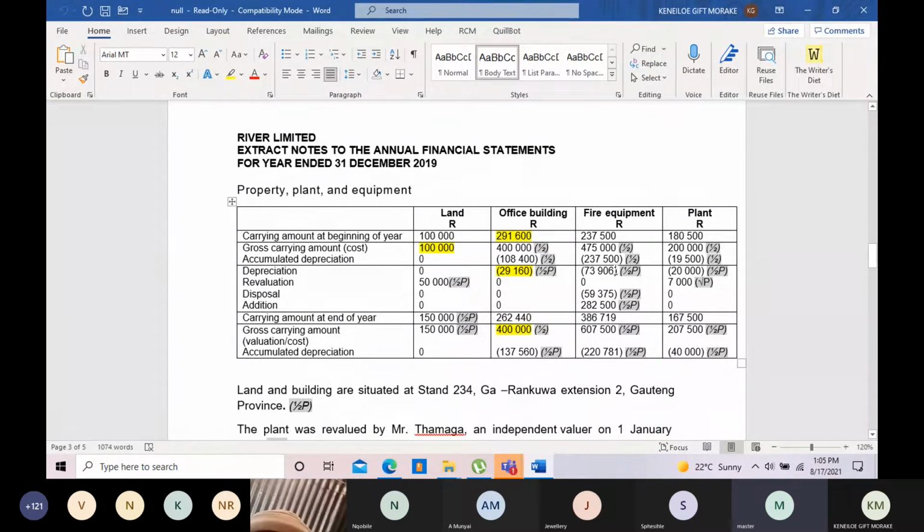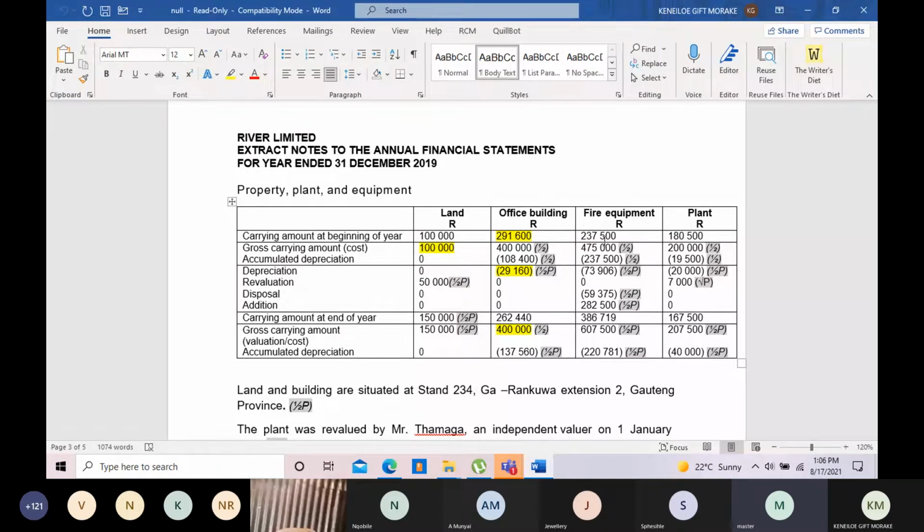You're going to get 237,500 as your carrying amount. Let me repeat: 475, the cost price, minus accumulated depreciation 237,500, equals 237,500 as your carrying amount at the beginning. Right.